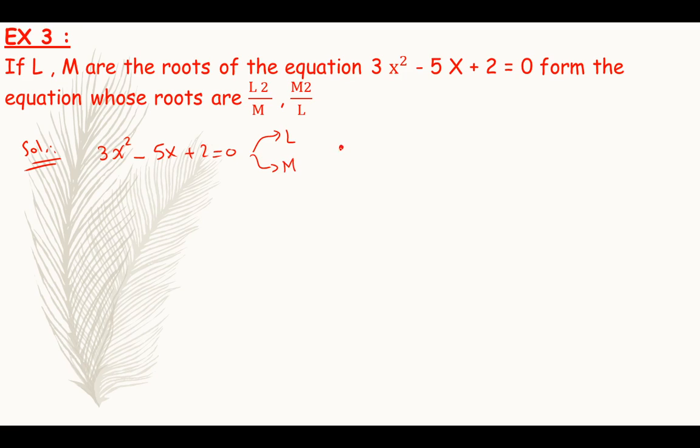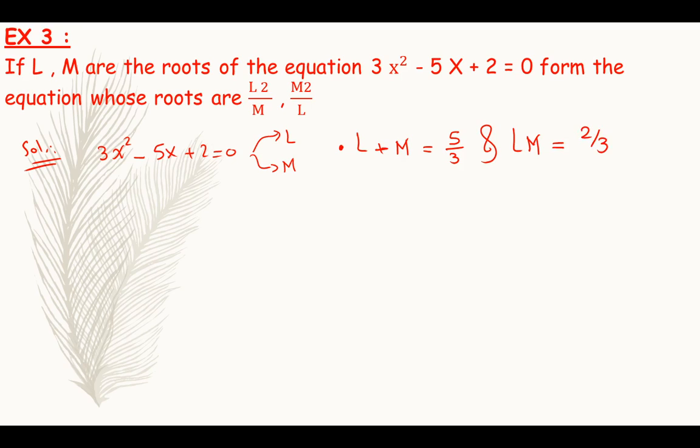The first step is the sum of the two roots, L plus M. L plus M will be equal to negative B over A, which is equal to 5 over 3. The product of the two roots, L times M, equals C over A, 2 over 3.